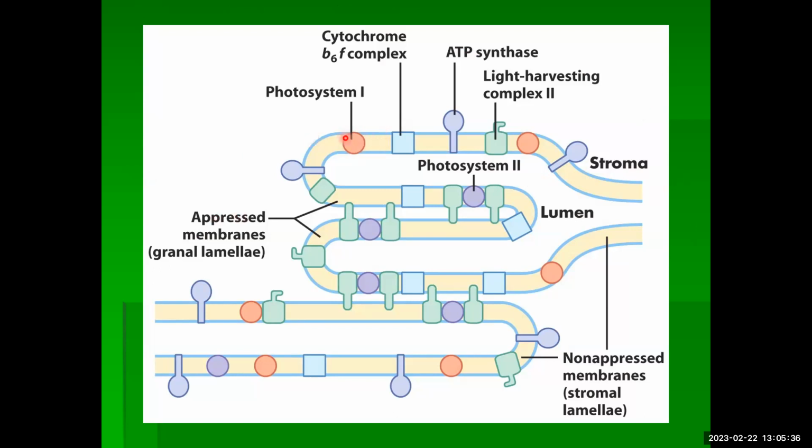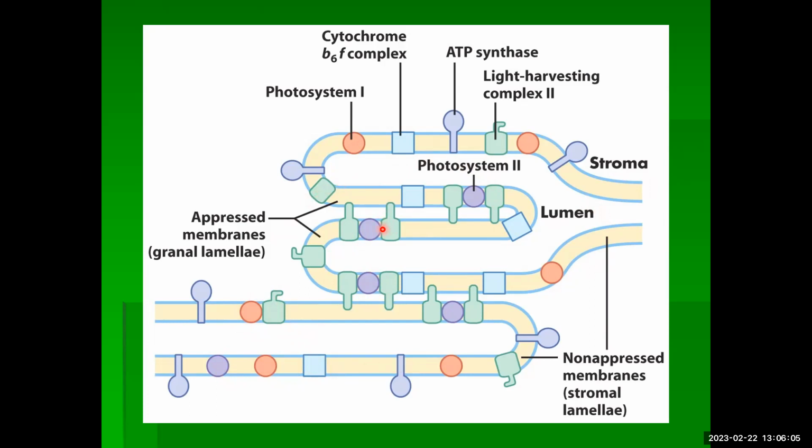So here is the opposed part of the thylakoid. Here are the stromal lamellae. Notice the stromal lamellae have a lot of photosystem I, and it's not really associated very much with photosystem II.